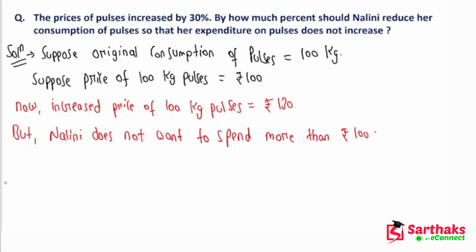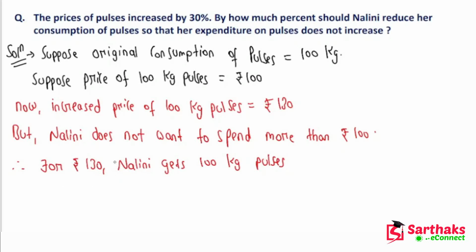So we'll calculate. Therefore, now again the unitary method comes into play. It is a very interesting and fun method. See how for rupees 130 Nalini gets 100 kg pulses, right? 130 rupees will give you 100 kg.